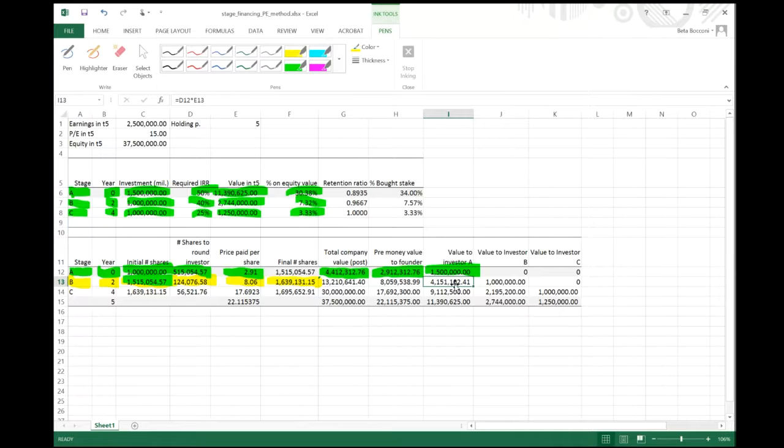It has become 4.151 million. So essentially, we have completed stage number 2 of our investment.